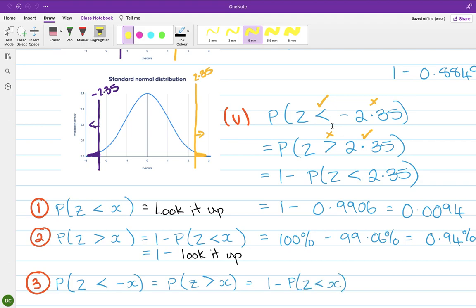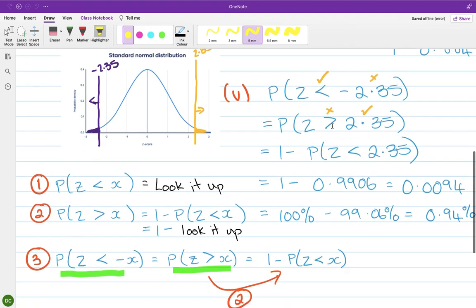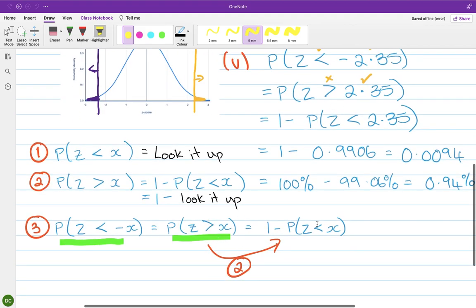Yeah? So from symmetry, these two are the same. And then from number 2, that's how you deal with greater than a positive number. Yeah? So it's the same thing, it's 1 minus, look it up.